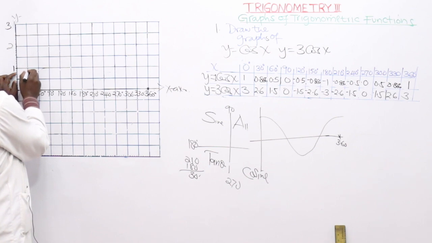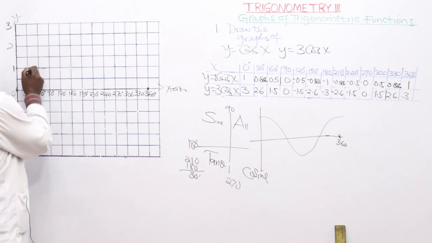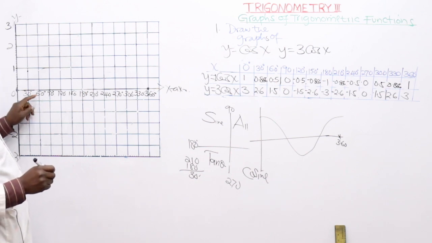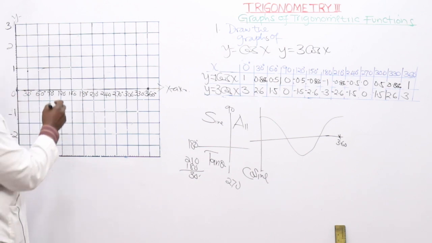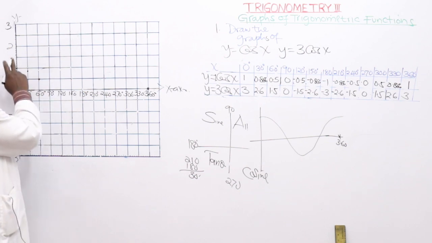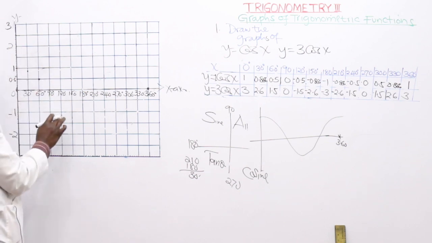So it is somewhere here, between 8 and 9, 0.87. 60 is 0.5. 0.5 is easy. You can see it between 0 and 1.